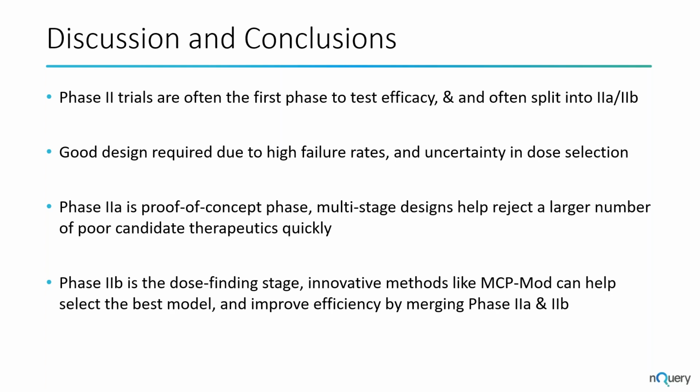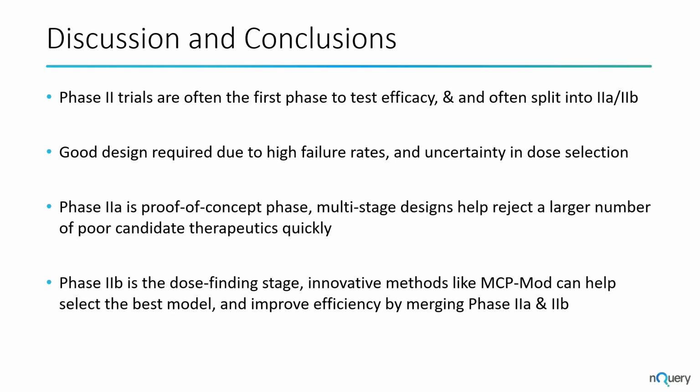And it's often split into two distinct phases, 2A and 2B, with phase 2A being the proof of concept trial, determining if this efficacy signal exists for the therapeutic of interest, and then phase 2B, the dose finding trial, which establishes the doses of interest for a phase 3 study.